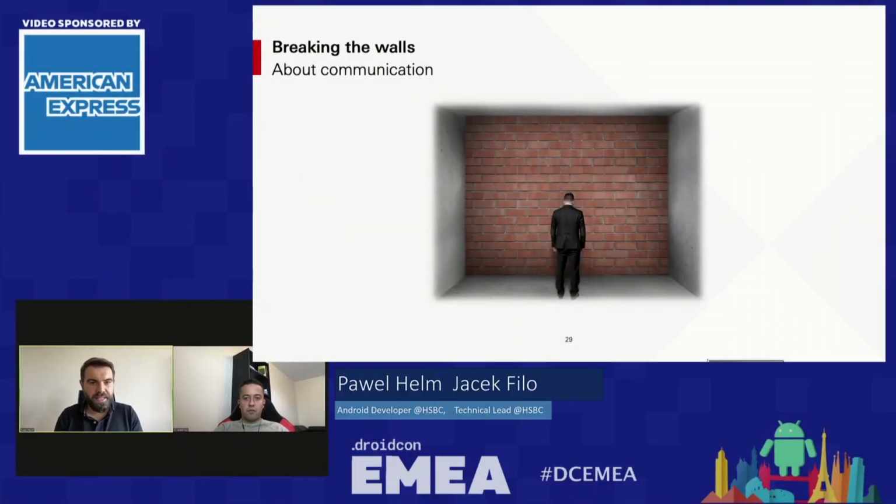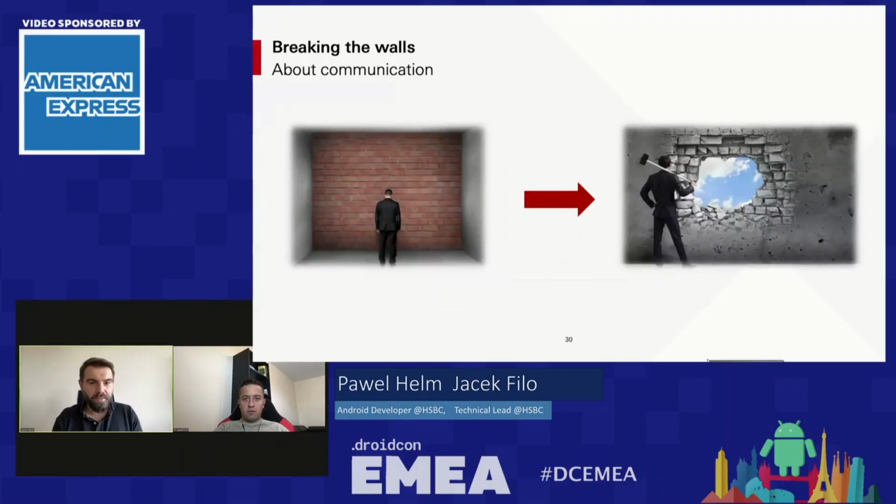So last but not least, pay attention to the communication within your community, because remember that technology problems are fairly easy to solve, but it's communication problems which are much harder to solve. So do not let important communication be held on private chats. Do not make decisions behind closed doors. You have to change the mentality in your company and break the walls.